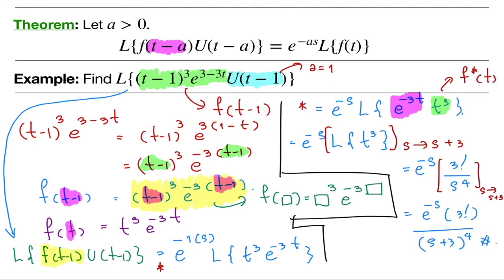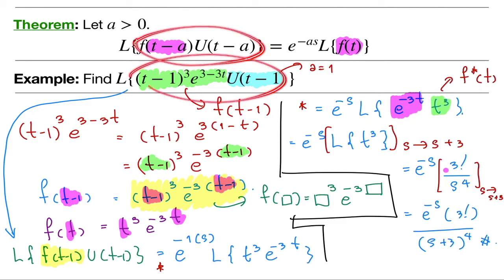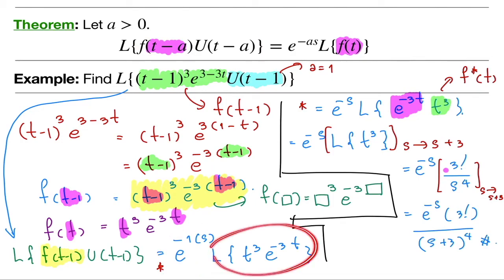And once you get f(t), you can apply this formula, right? You have f(t) now. The Laplace transform of this, which is this, would be e to the minus as times the Laplace transform of f(t). And to find this Laplace transform, we need to use the first technique.